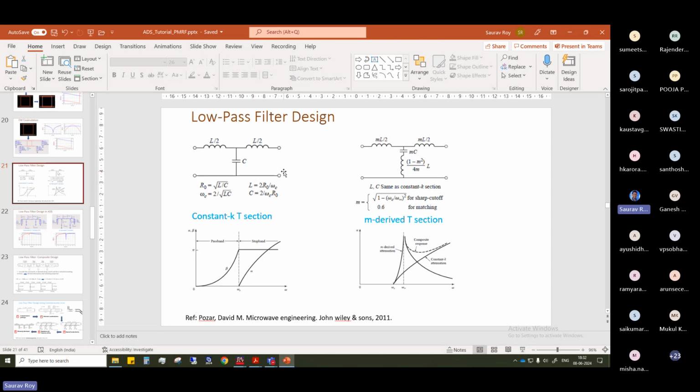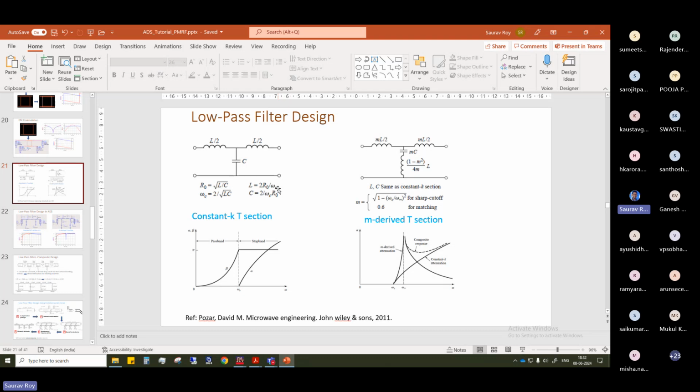There is some equation here. So first thing is omega C. Omega C is the cutoff frequency. That will be already mentioned in your design problem, right? What cutoff frequency you have to design for. And then the next thing comes, like what would be the order of your filter, right? That will depend on how much roll off you want or how much the passband ripple is required.